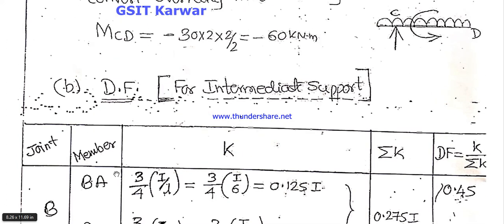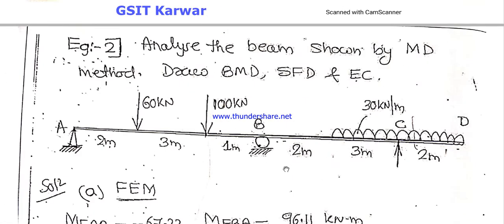Similarly for span BC, you can observe the figure. After span BC, it is not continuous, because it is an overhanging beam.